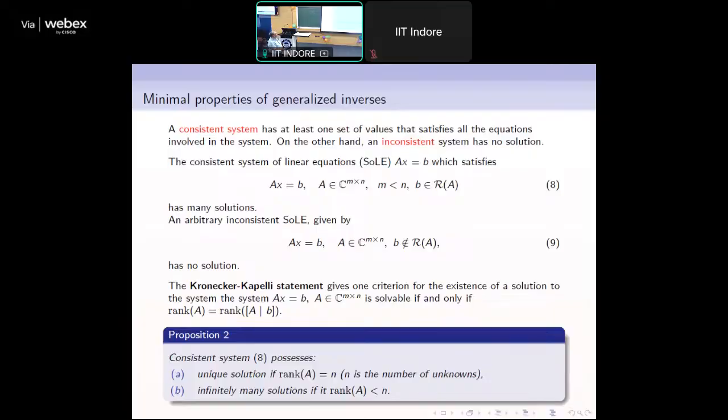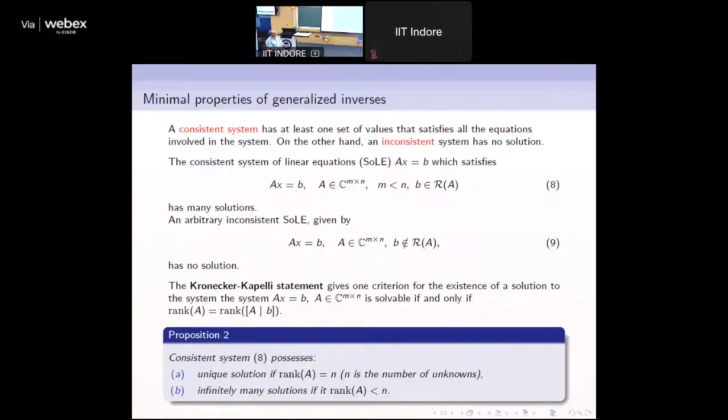Here is the situation when we want to solve a system of linear equations AX equal B, but B is not in the range of A. The condition A1 B equals B is not satisfied, and we have no solution.